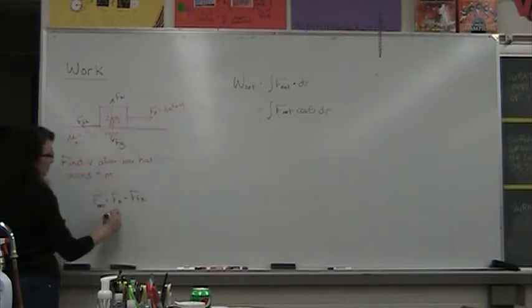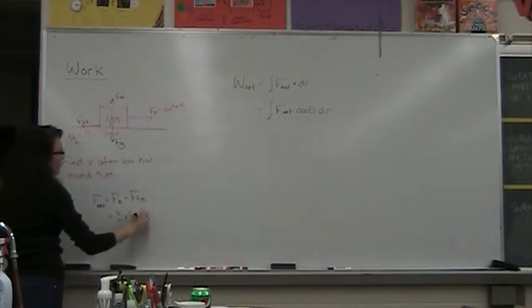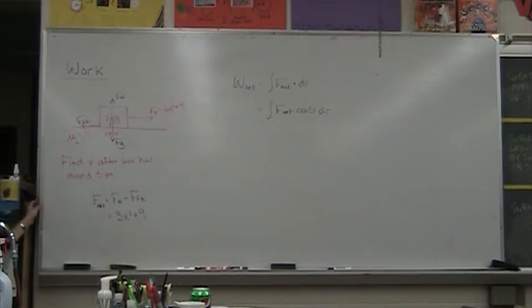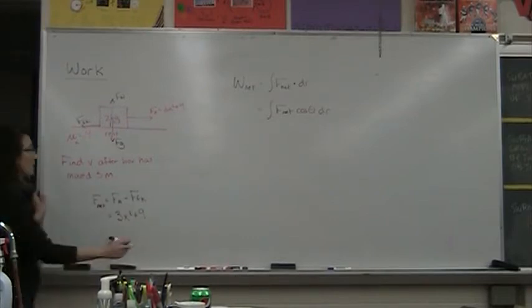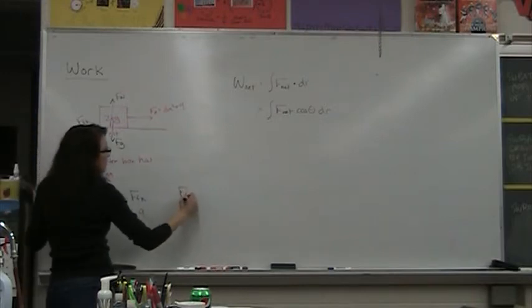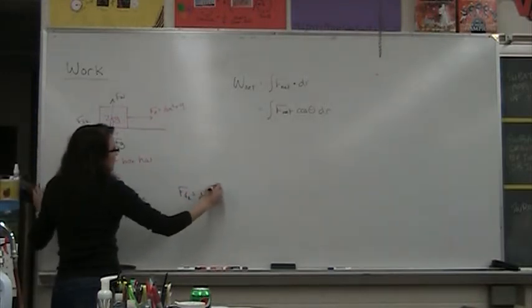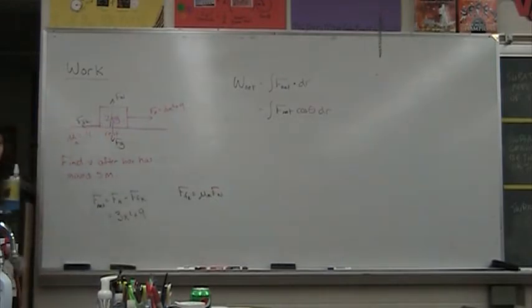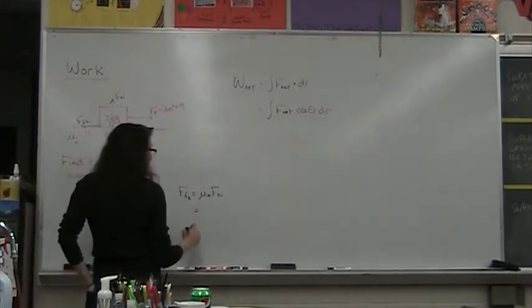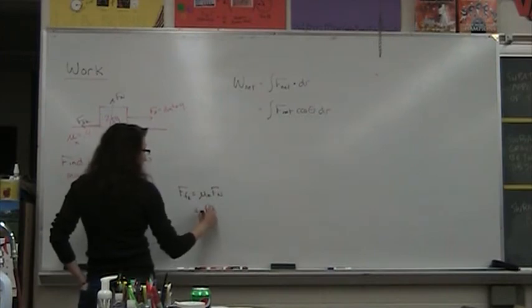Well, I have an expression for Fa, 3x squared plus 9. How am I going to get an expression for friction? We can go off to the side and say friction kinetic is mu k times the normal force. What is my mu k? 0.4.